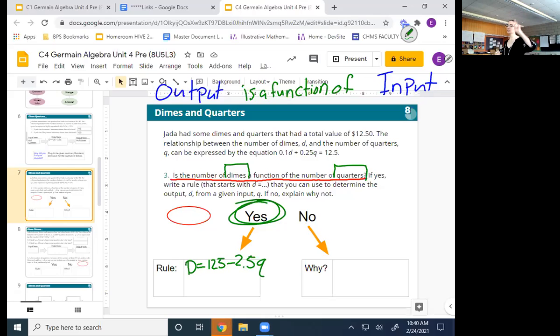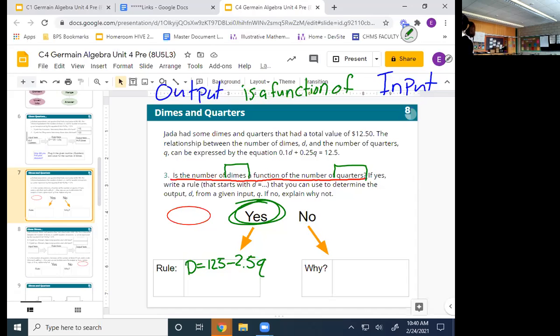Haley, I have a question for you. When we write a rule, we isolate for what? Or we rewrite our equation so that what? What do we think? You want to unmute and let us know, Haley? Oh, very good. We isolate for our output.